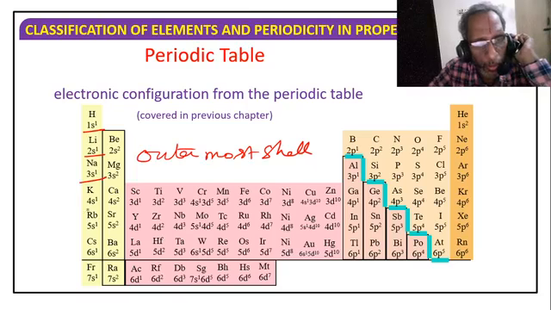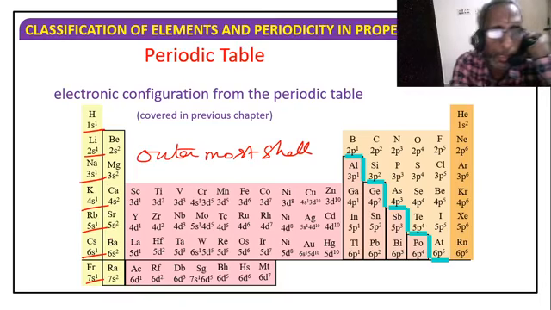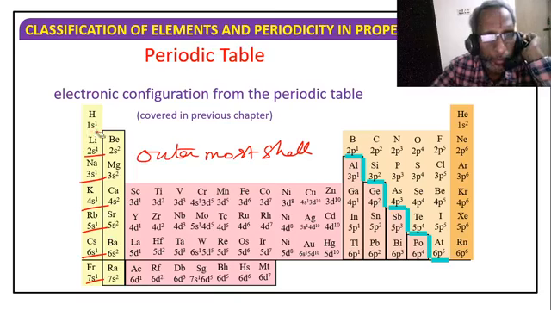Sodium outermost 3s1. Potassium 4s1. Rubidium 5s1. Cesium 6s1, then 7s1. So this is the ns1 configuration. Similarly 2s2, 3s2, 4s2, 5s2, 6s2, 7s2 for the beryllium group, alkaline earth metals.